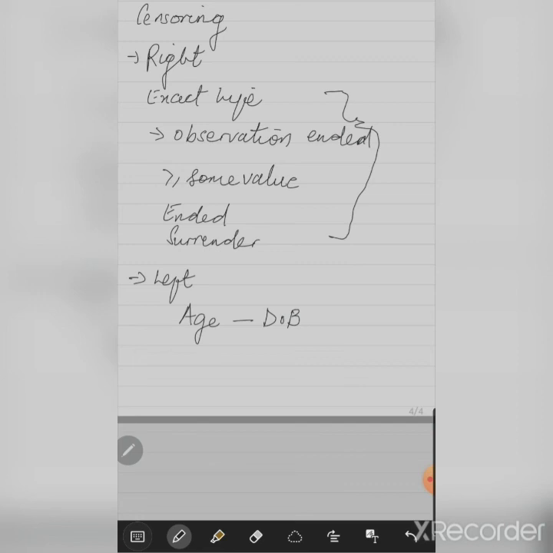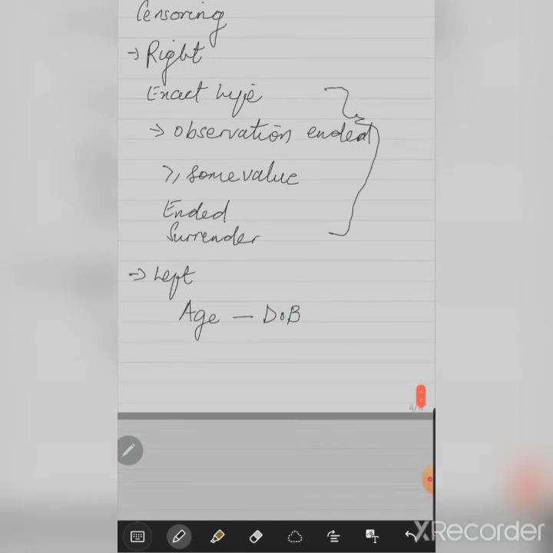And when looking at the combination, or probably a superset of these, which is called interval censoring, we talk about special cases of it, maybe the right and the left.